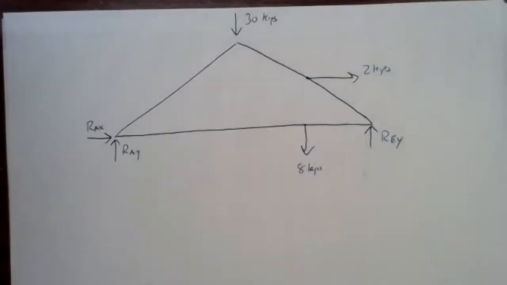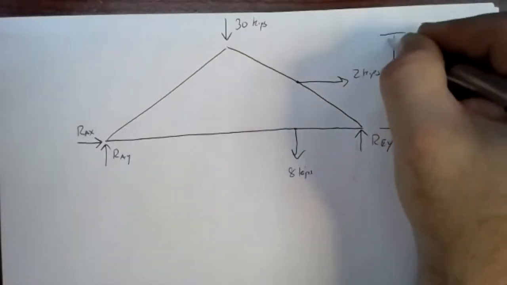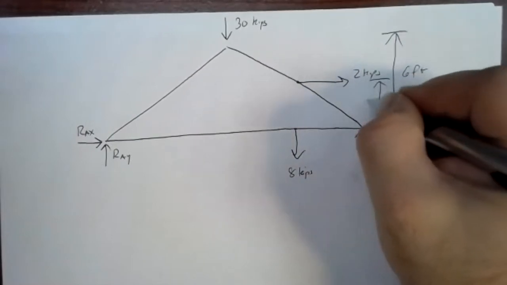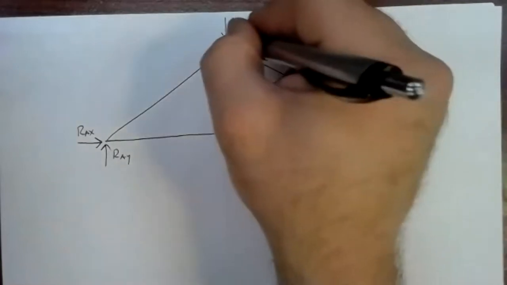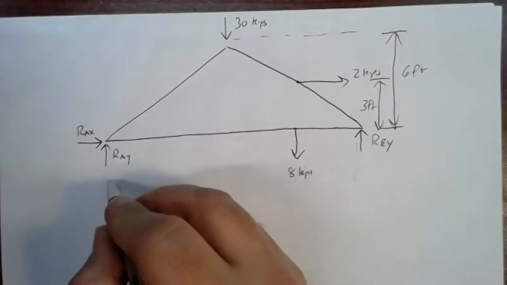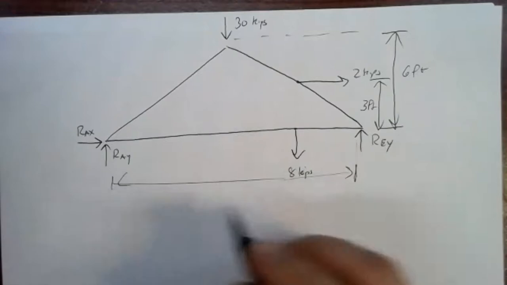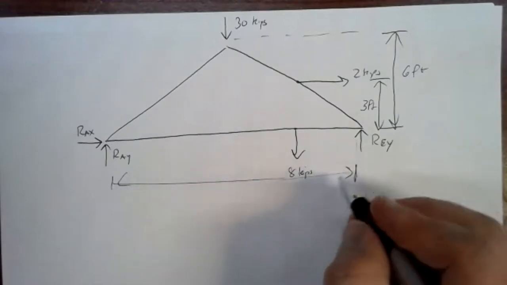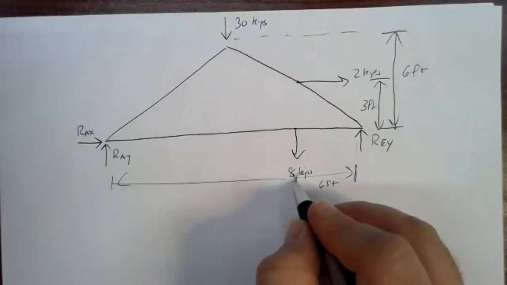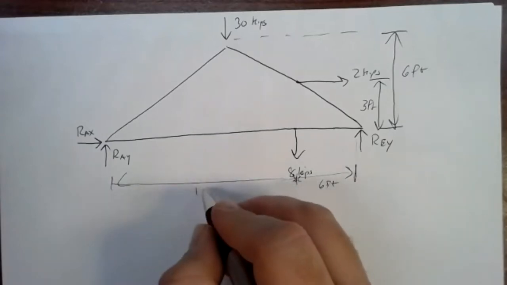So that'll give us the geometry we need here, that the whole thing is 6 feet tall. It's 3 feet to there. And we had 4 bays at 6 feet each, so we had 6 feet there, and then this would be 18 feet.